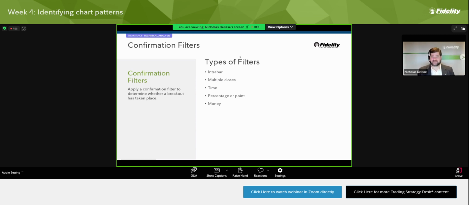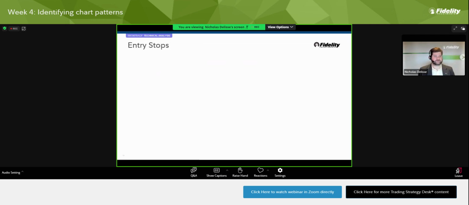Whipsaws: if you go intraday, you're likely to get whipsawed because it recovers or moves back beyond that on an intraday basis. If you do it on multiple closes, 2 closes, 3 closes, well, you might miss out. And so there are pros and cons to each of these different types of filters.